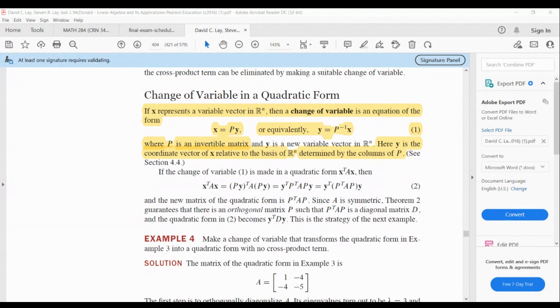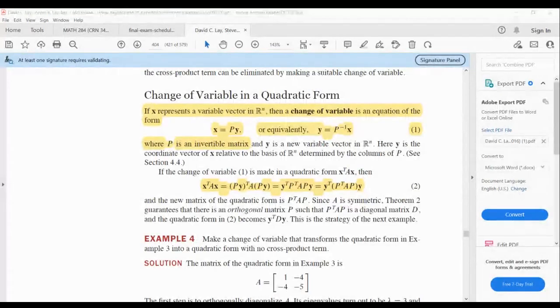Now, if we have a quadratic form and let x equal P times y, it's very helpful because, again, with the quadratic form, the matrix A is symmetric.